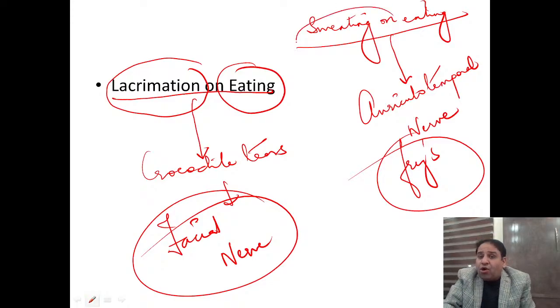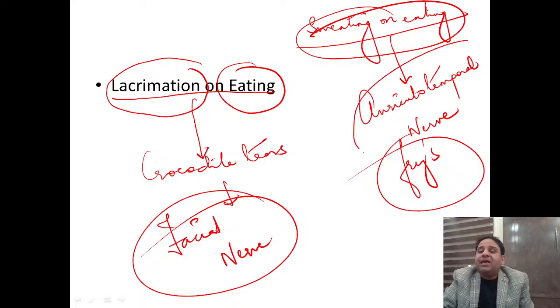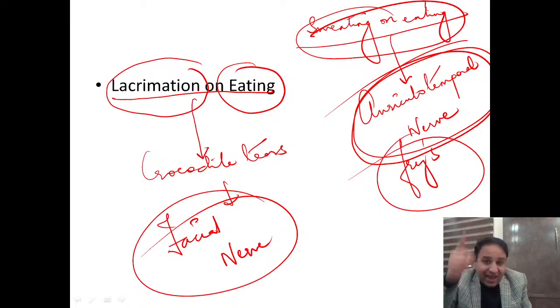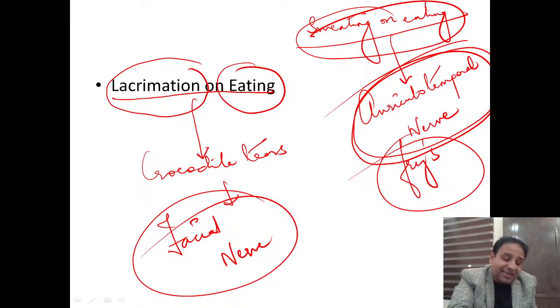But if they are asking about sweating on eating, it is because of involvement of the auriculotemporal nerve. These are two different things which you should know and never get confused. Lacrimation on eating is facial nerve. Sweating on eating is auriculotemporal nerve. Yes, very well answered.